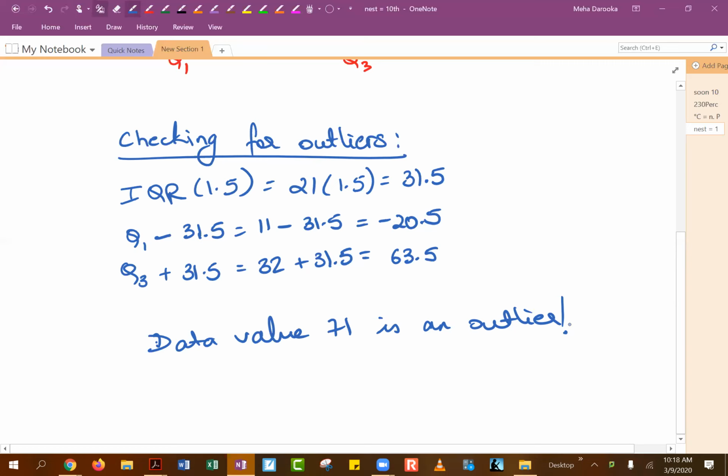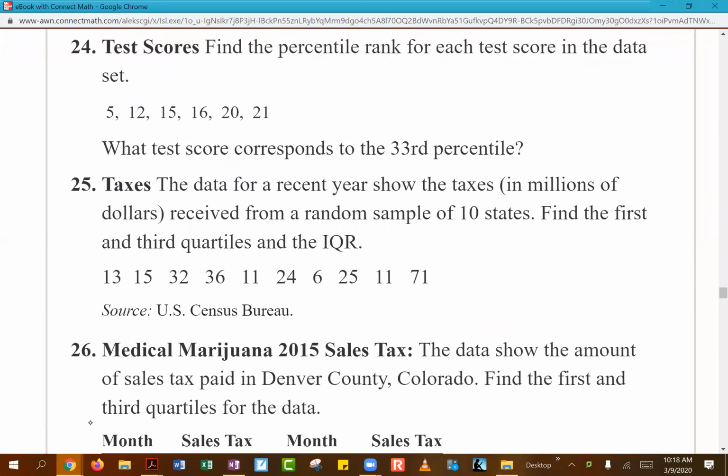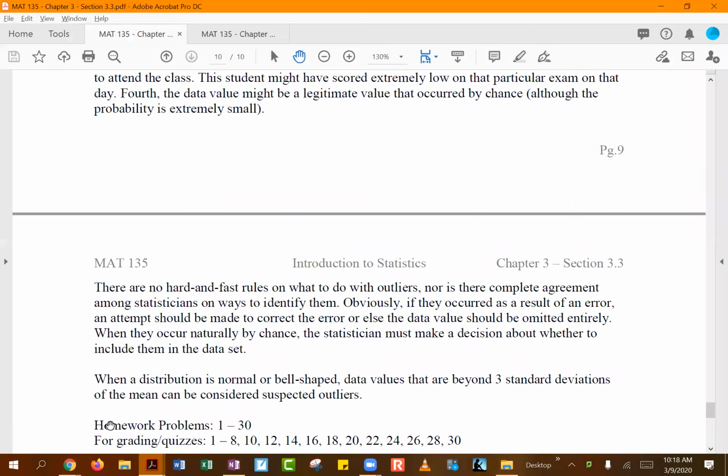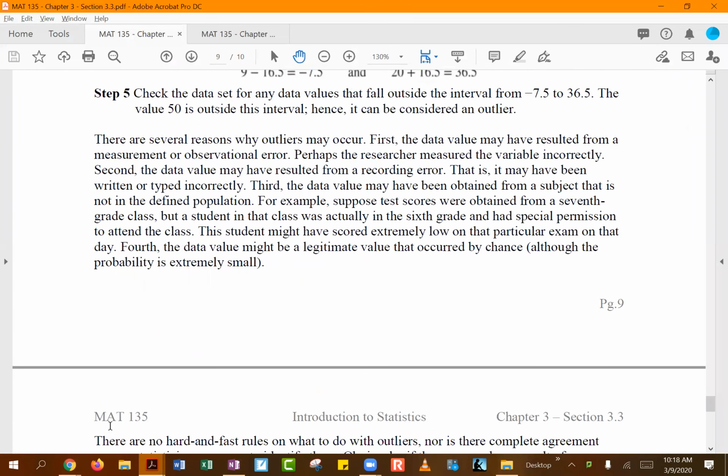Okay, there we go. They're just talking about why you can have outliers showing up. Of course, there can always be a chance of human error. Was there a measurement error or an observation error?